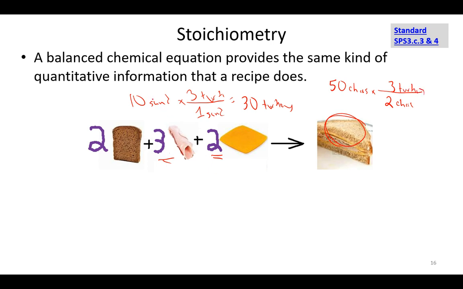And early on a Wednesday morning, I cannot do mental math. So 50 times 3 divided by 2 should give me 75, but I don't trust my mental math. Hey, yay, it does give me 75. I need to buy 75 pieces of turkey.